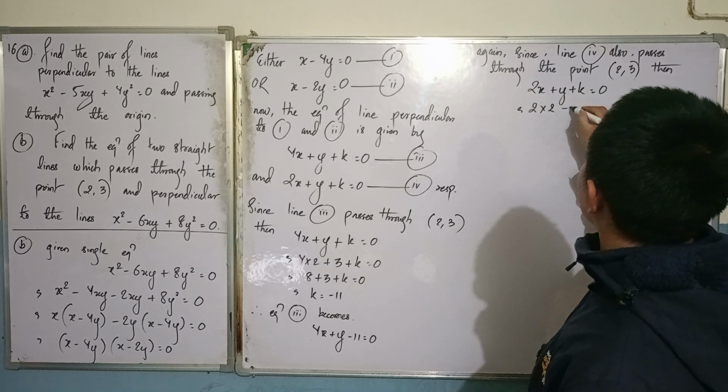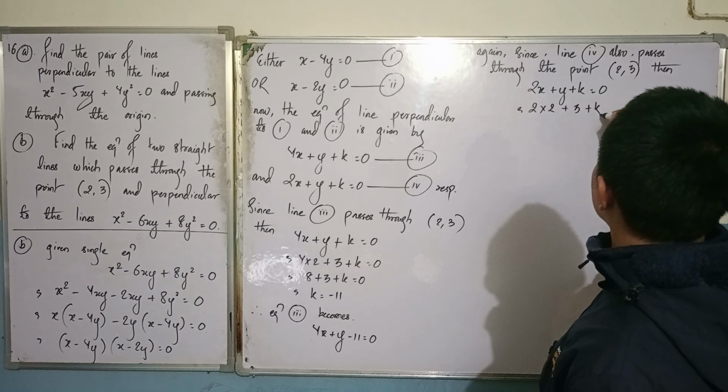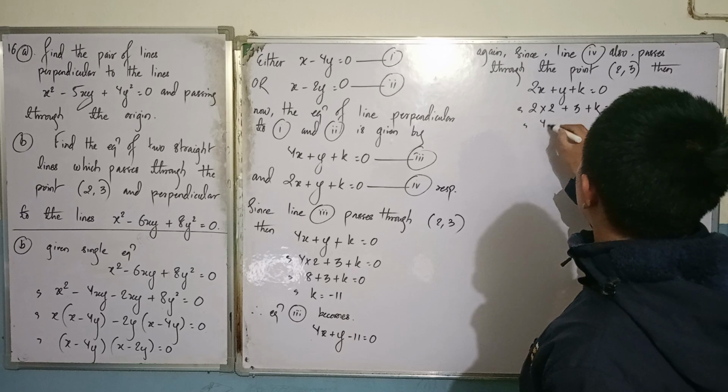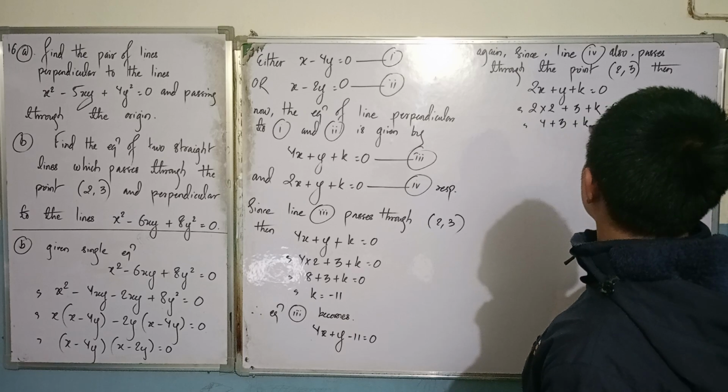Replace x by 2 and y by 3: 4 plus 3 plus k is equal to 0.